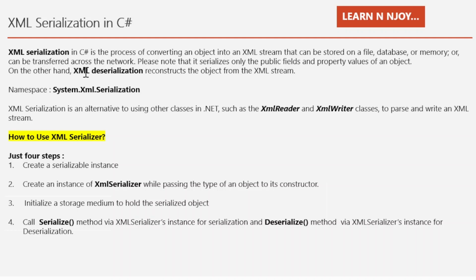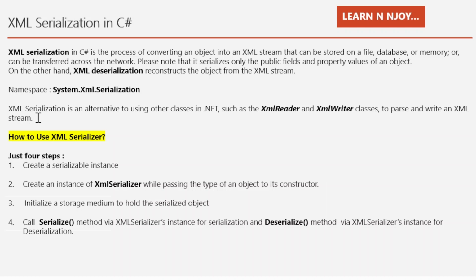On the other hand, XML deserialization reconstructs the object from the XML stream. Whenever we are planning to use XML serialization in C#, we need to import this namespace, System.Xml.Serialization. XML serialization is an alternative to using other classes in .NET such as the XmlReader and XmlWriter classes to parse and write an XML stream.